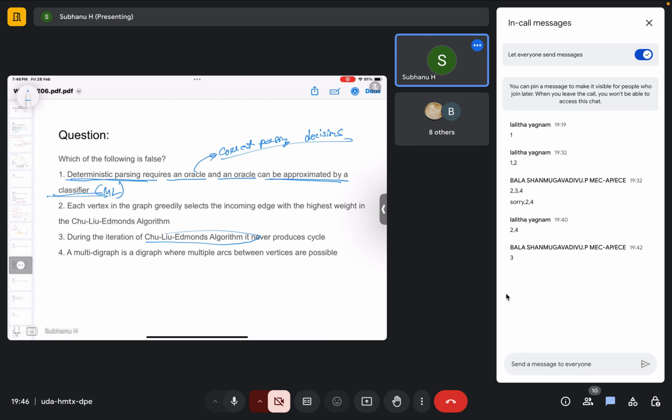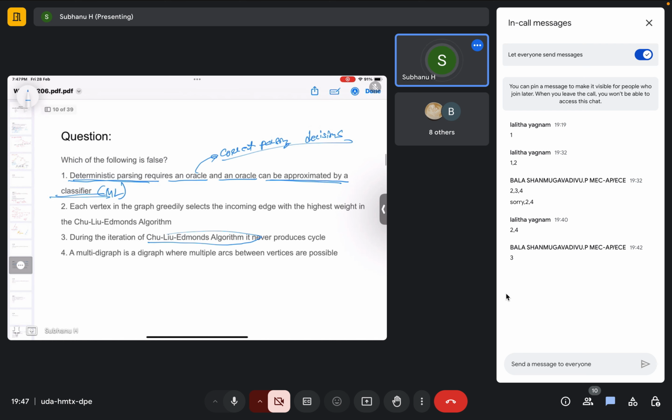The second statement is that each vertex in the graph greedily selects the incoming edge with the highest weight in the Chu-Liu Edmonds algorithm. So in this algorithm, for finding a maximum spanning tree of a directed graph, every vertex except for the designated root initially selects the incoming edge with the highest weight.